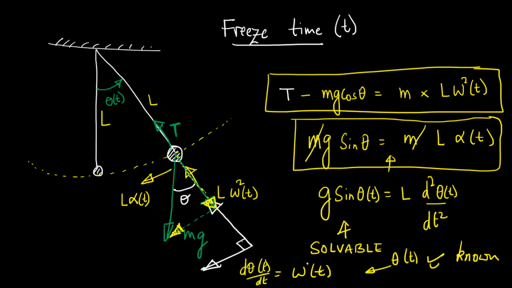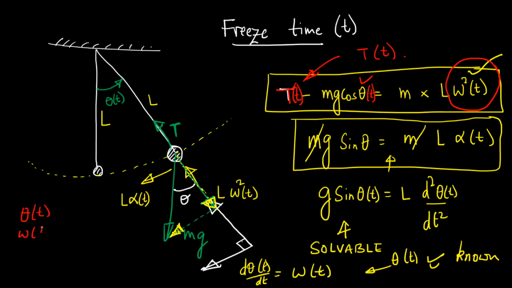Now what this means is that you know omega at that instant of time, and of course you know theta at that instant of time, and therefore you can tell me T at that instant of time, and that's a major achievement. If you can tell me T at every instant of time, I think that's the end of the story. So there we go. We are able to tell you what is theta at every instant of time.